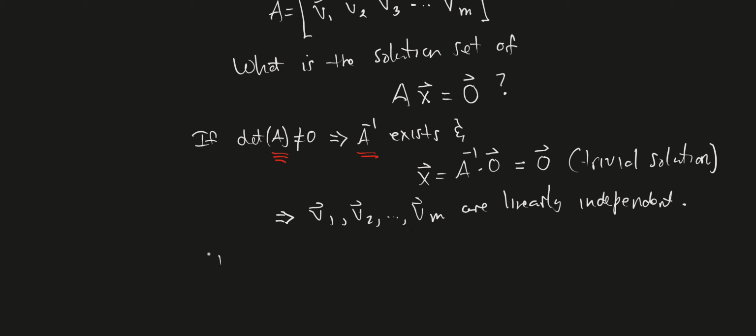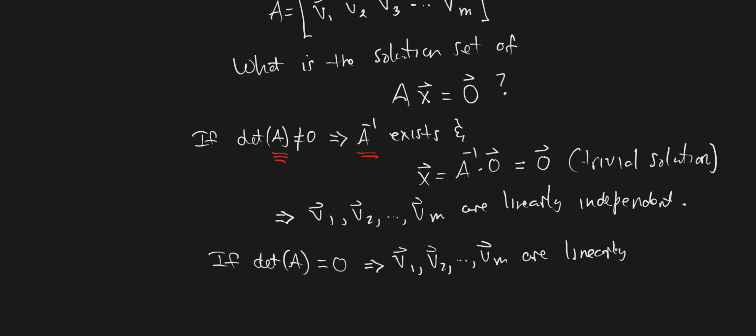So let's write that down. If the determinant of my matrix is equal to 0, then this means that your vectors v1, v2, ..., vm are linearly dependent. Right? Very easy check.